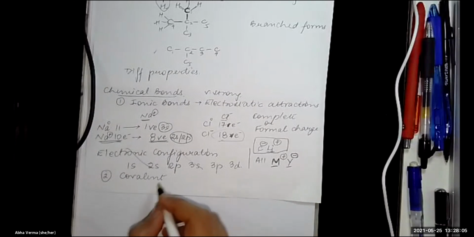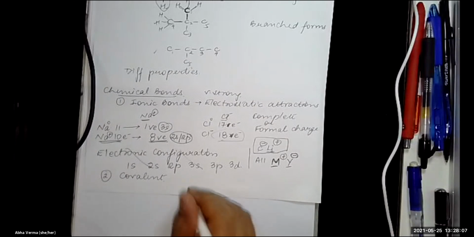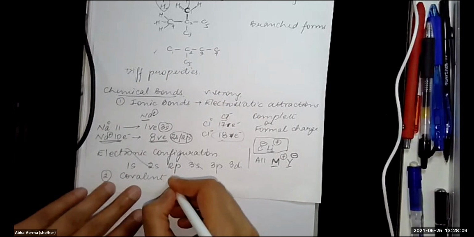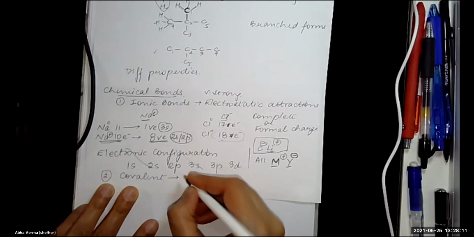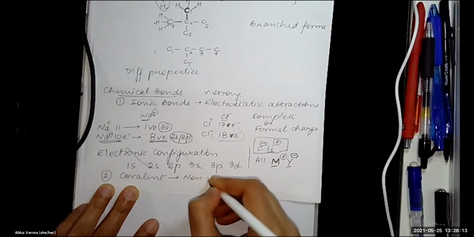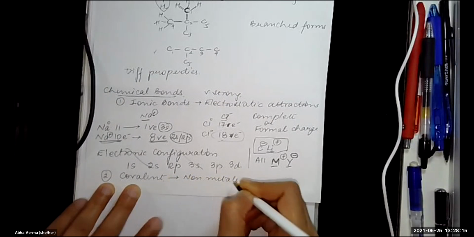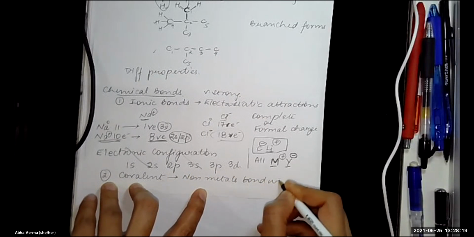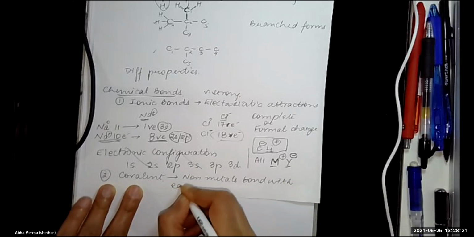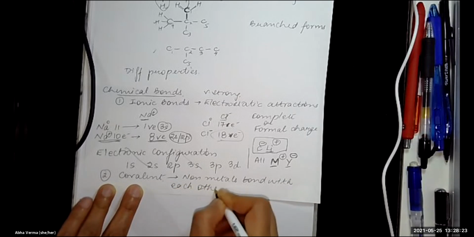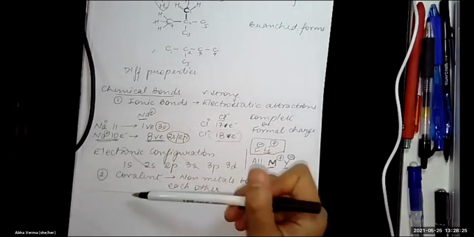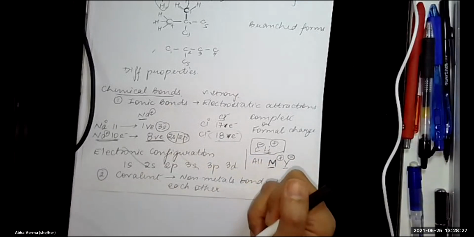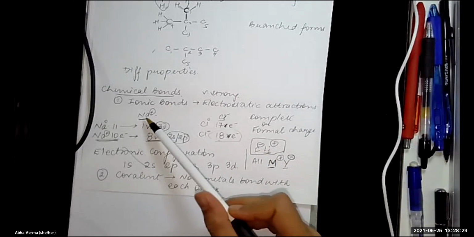The next are the covalent bonds. Now these covalent bonds arise because non-metals bond with each other. So what is the primary difference between ionic and covalent? Ionic bond is between metals and non-metals.